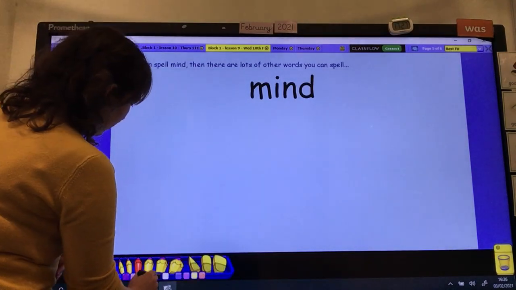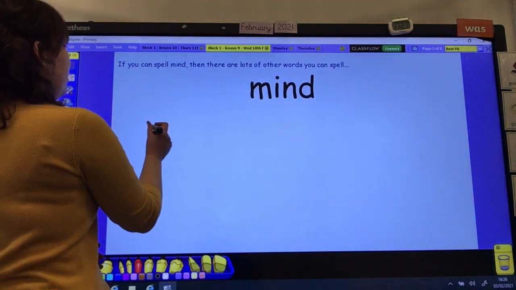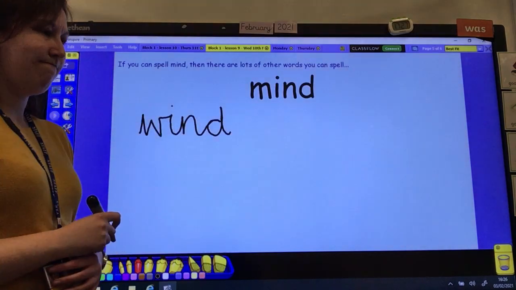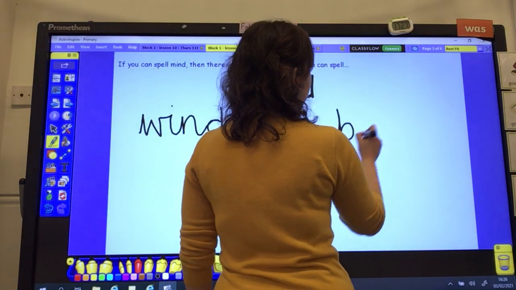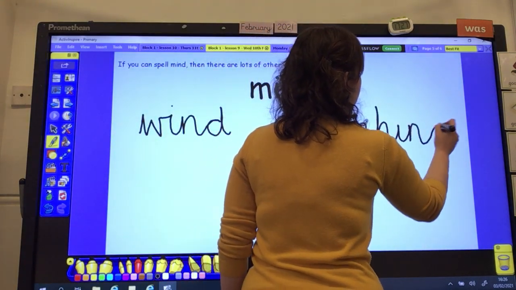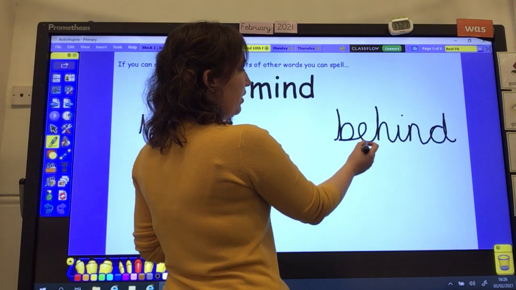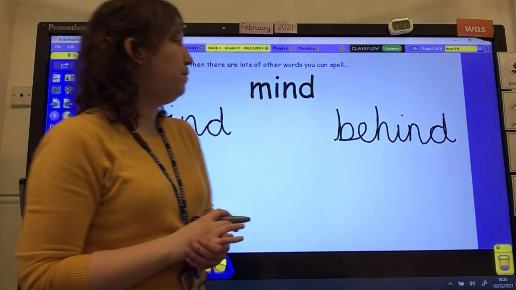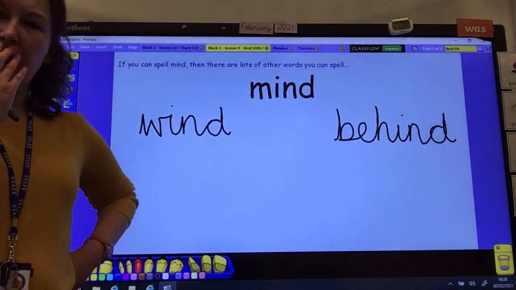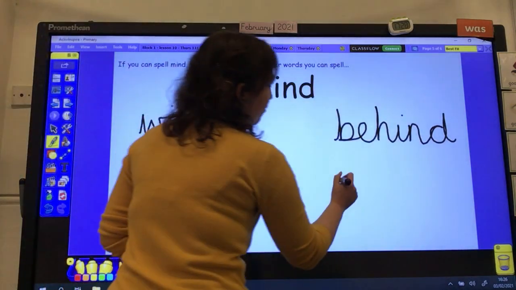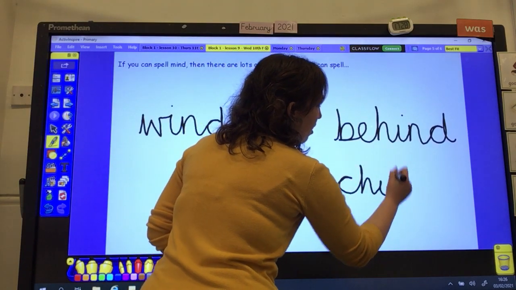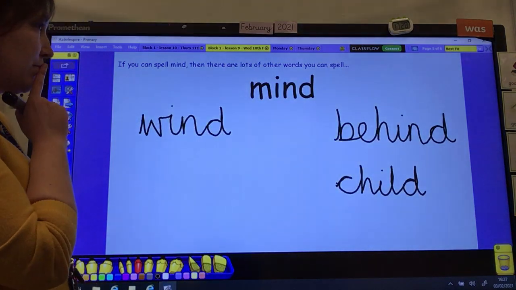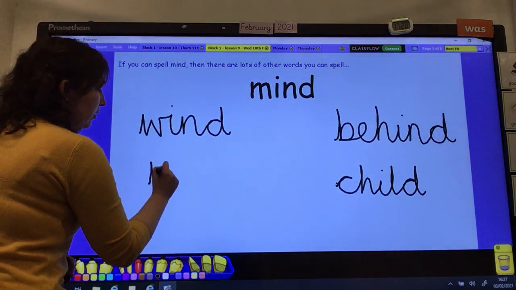Okay, so words that I could think of were wind, which I mentioned a minute ago, behind, where we've got that beginning is B, so behind. Any others? Oh, we could have ch, I, l, d. Child. We could have wild.